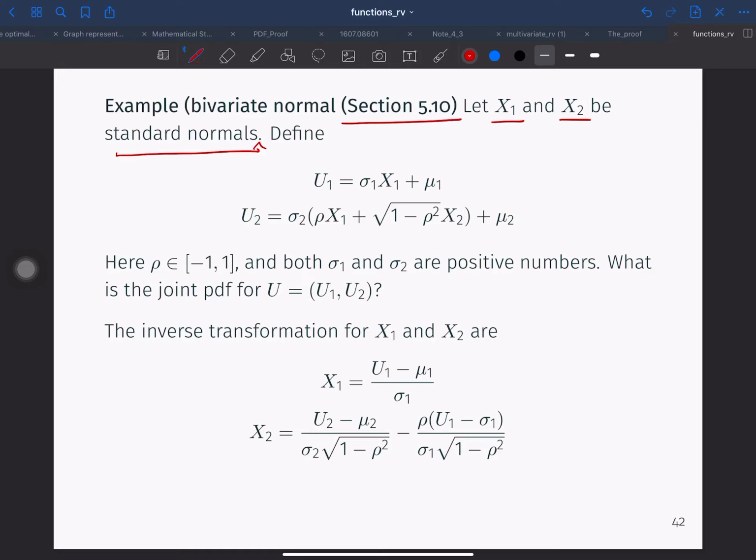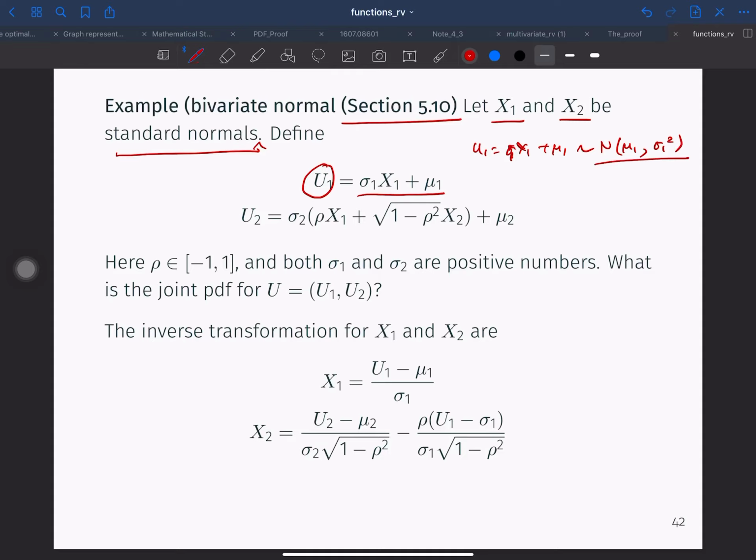Now I define U1 to be a linear transformation of X1, so U1 is sigma 1 X1 plus mu1. By default, that will be normal with mean mu1 and variance sigma 1 squared marginally.